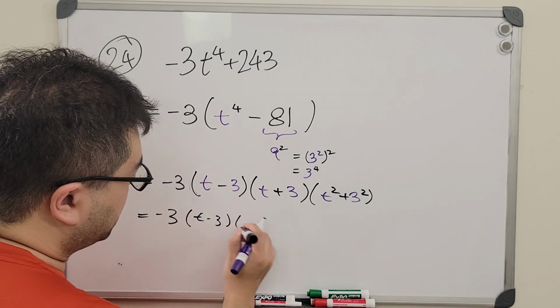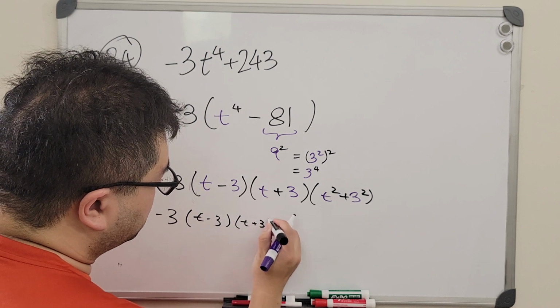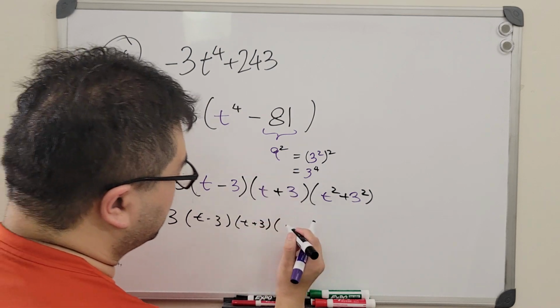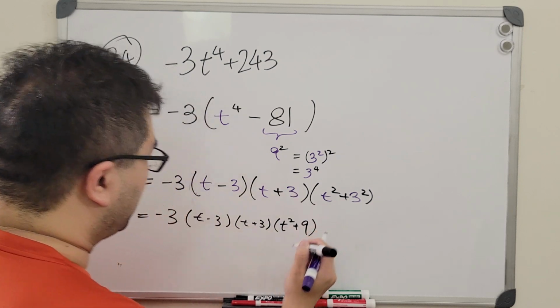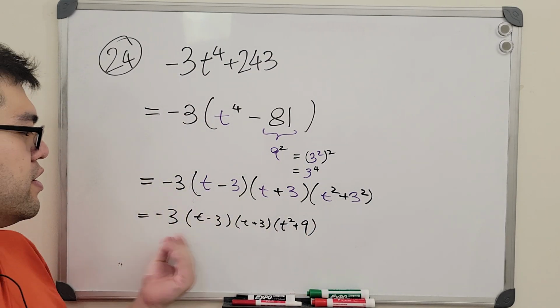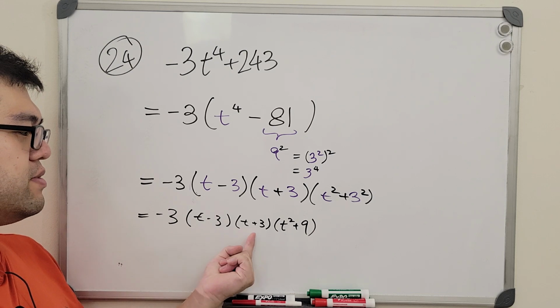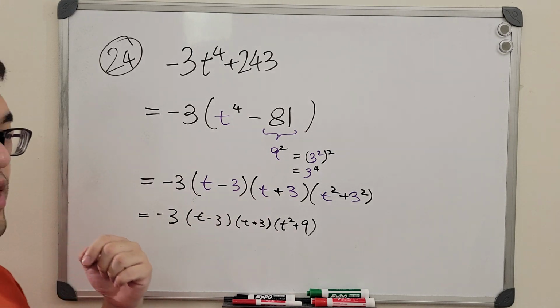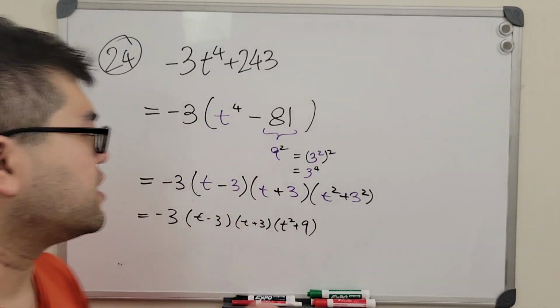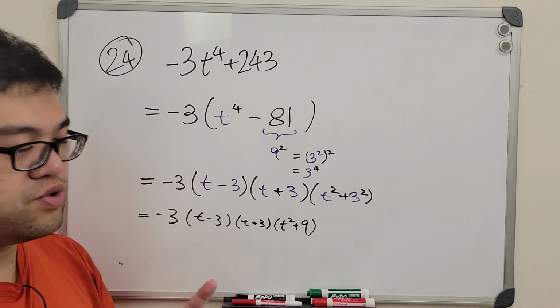And 3 squared is again equal to 3 times 3, which is 9, as we already said at the beginning. So our final result will be here: -3 times t minus 3 times t plus 3 times t squared plus 9. And that's how we factor some complicated expressions like this that actually have only 2 terms.